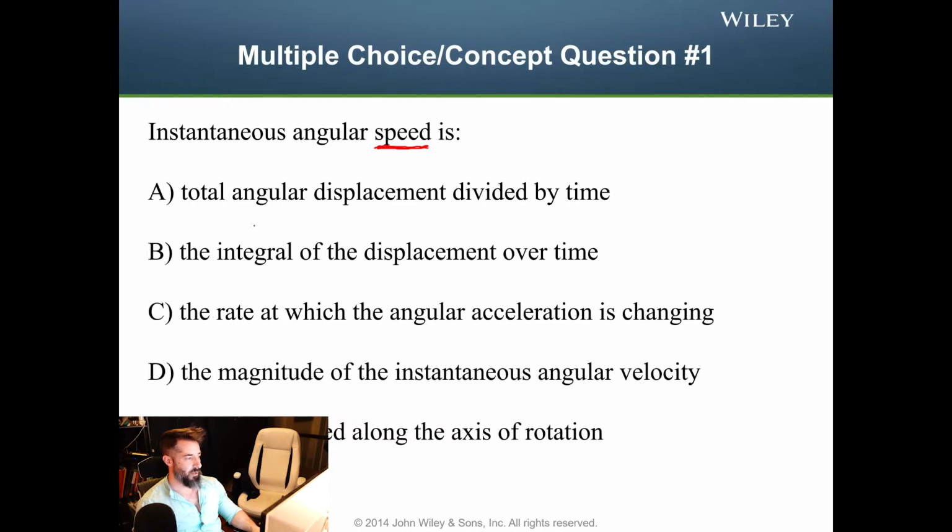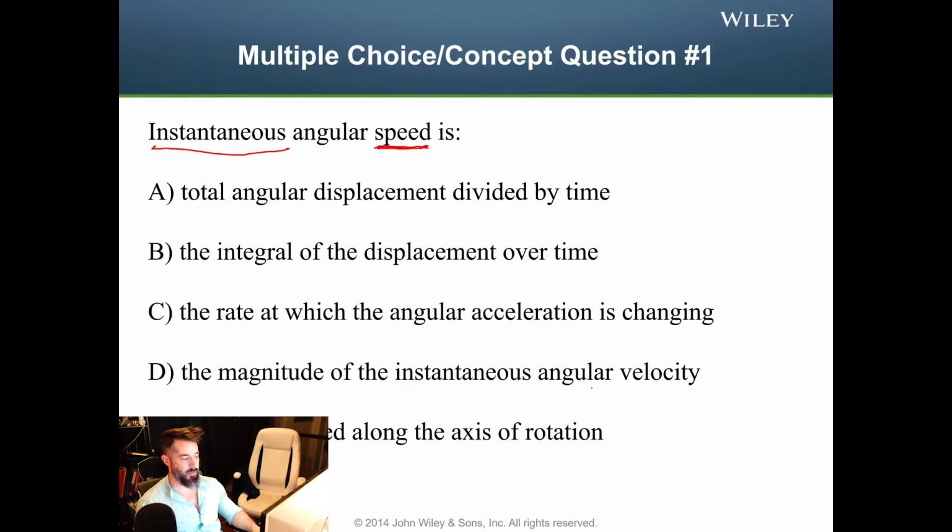So we have the total angular displacement divided by time. Okay. The integral of displacement over time. That doesn't sound very likely. The rate at which angular acceleration is changing, again, that doesn't give us instantaneous. That's more of an average. So that's not working out.